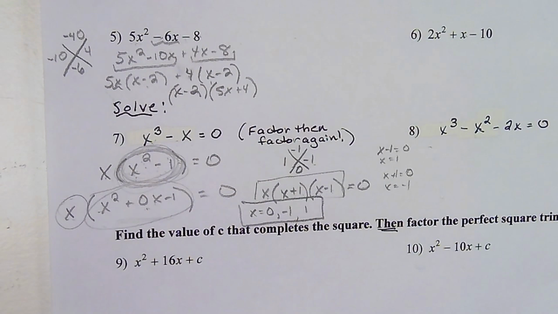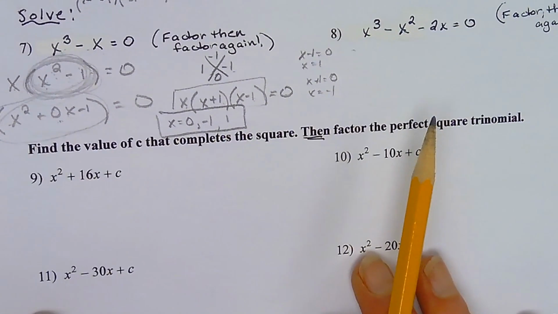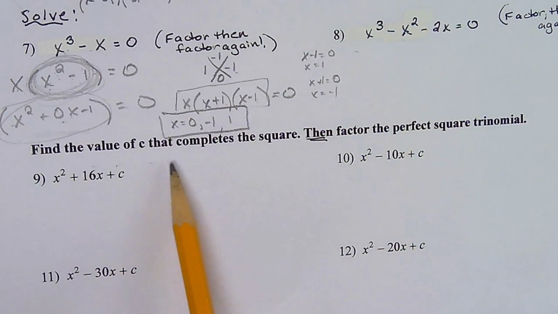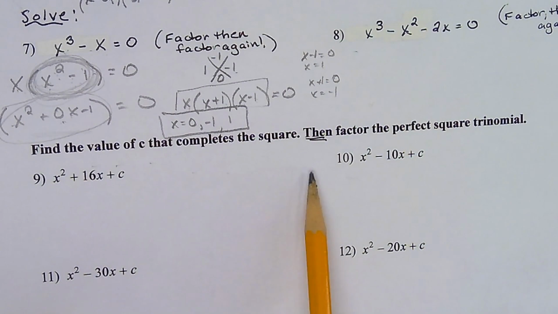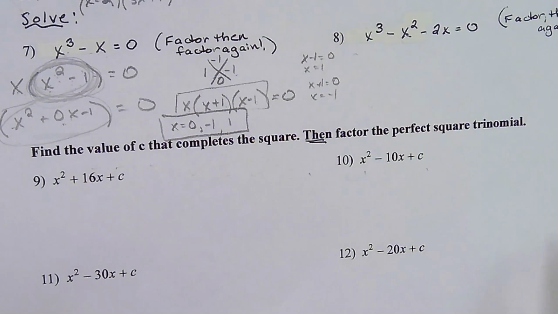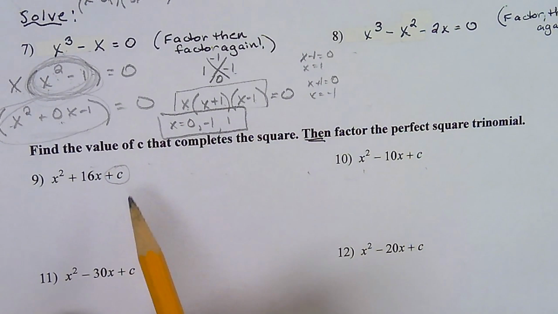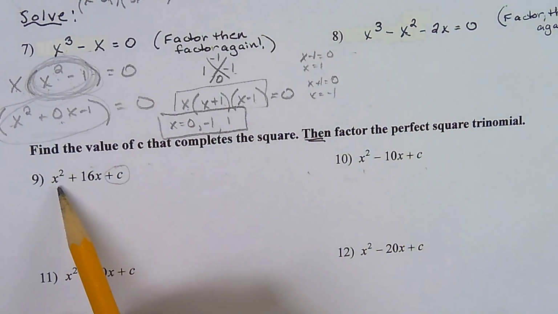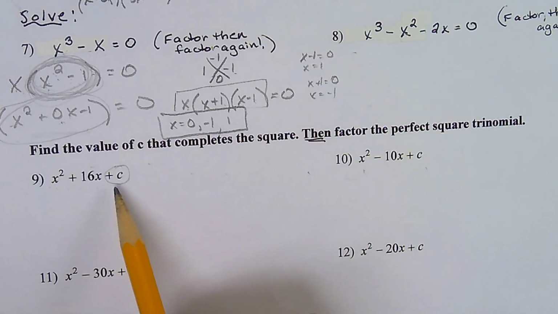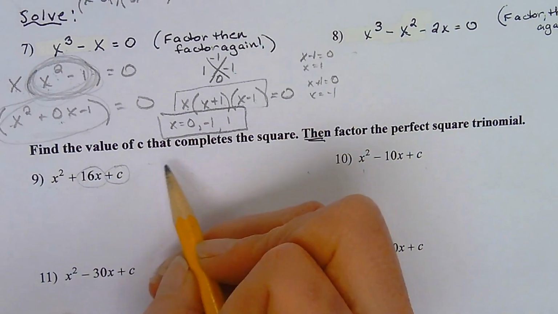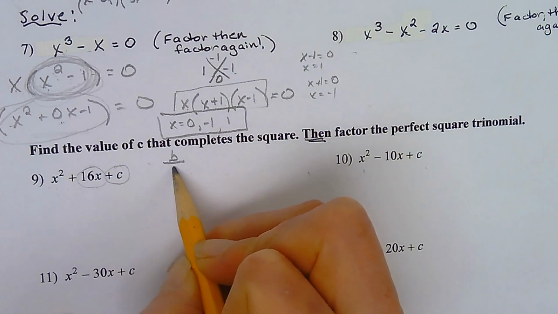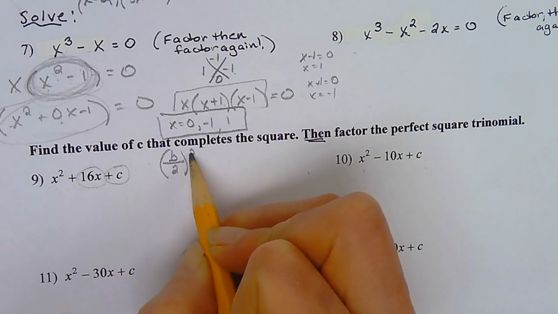Okay, number 9. The directions say, find the value of C that completes the square, then factor the perfect square trinomial. So here is our C, and in order to make this expression, x squared plus 16x, into a perfect square trinomial, we have to take the coefficient of x, that's the b term, divide it by 2, and square it.